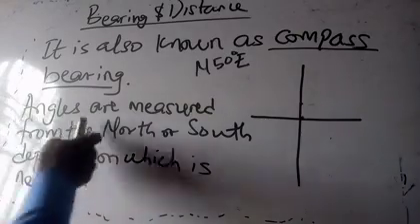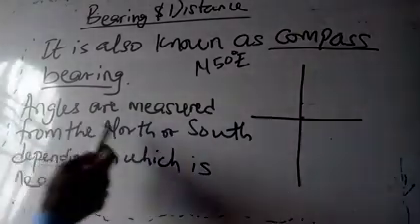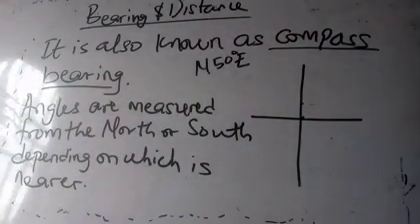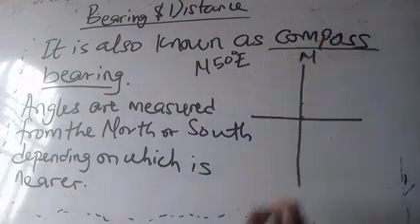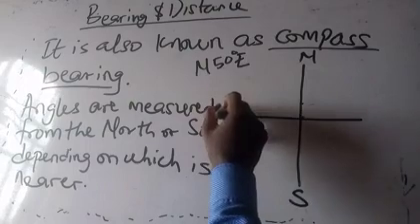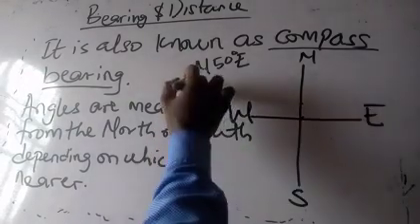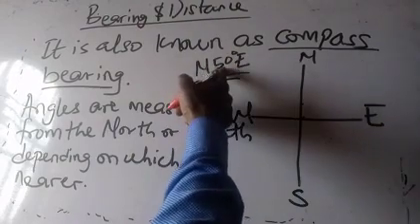So angles are measured from the north or south depending on which is nearer. Let's say, for instance, this is the north, south, this is the west, and east. We are having this example, 50° north of east.